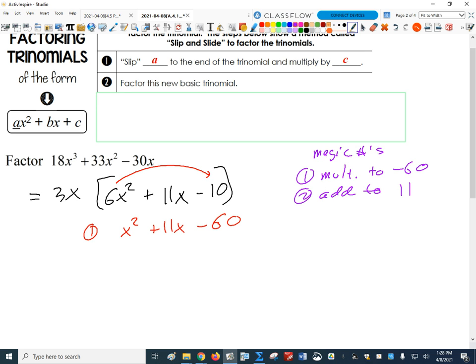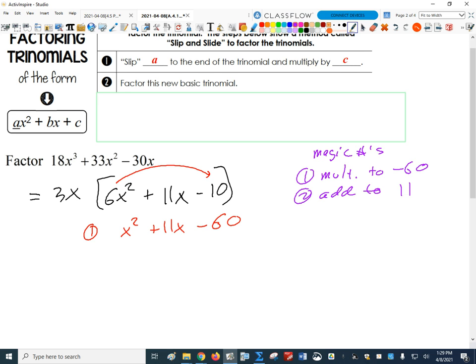So what can you tell me about the signs of those then? If two numbers multiply to a negative, what's that tell you about the signs of the numbers? Good, one's negative, one's positive. If they add to a positive, which one's bigger? The positive is good, because it cancels the negative with some to spare, right?